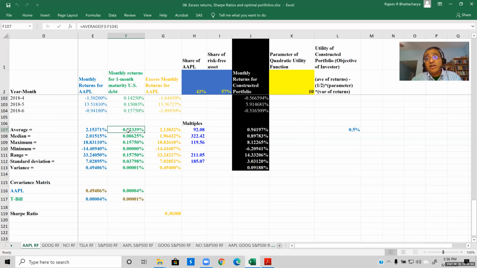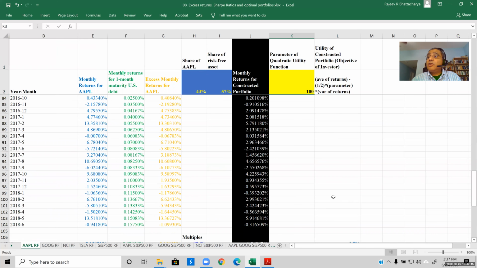But since you are very risk averse, you care very negatively about the risk, your optimal investment is to put 43% of your money on Apple and 57% of your money on the risk-free asset. What if you're even more risk averse?